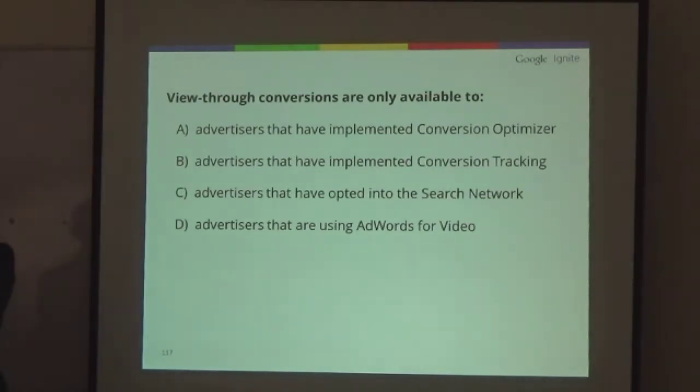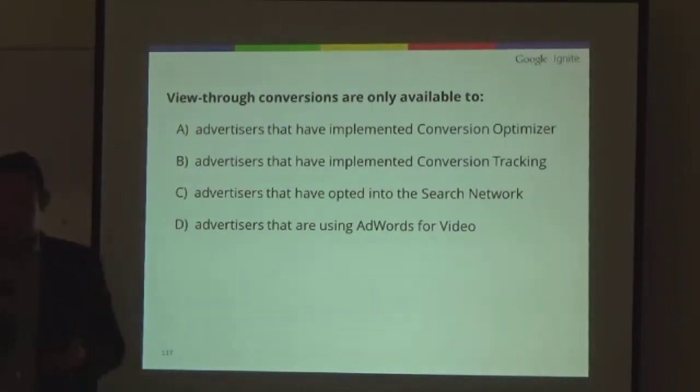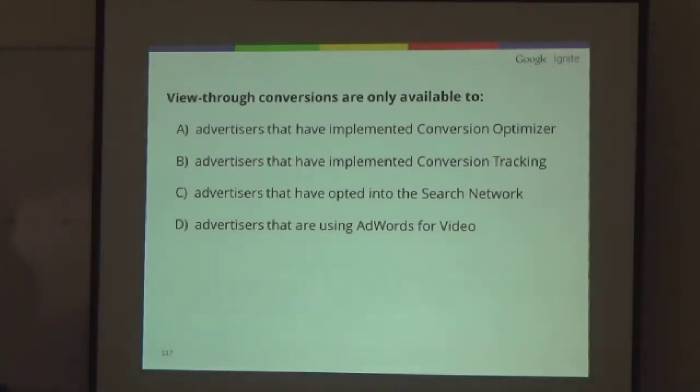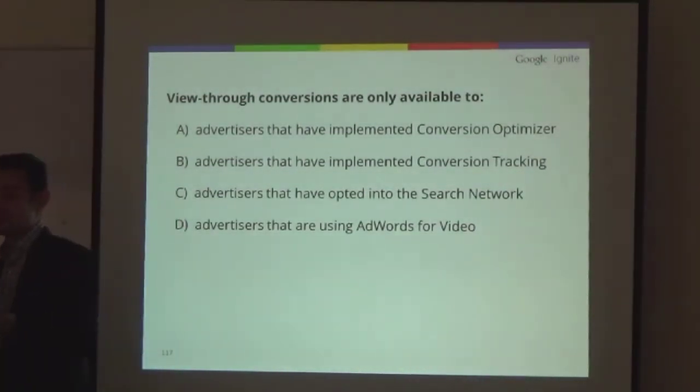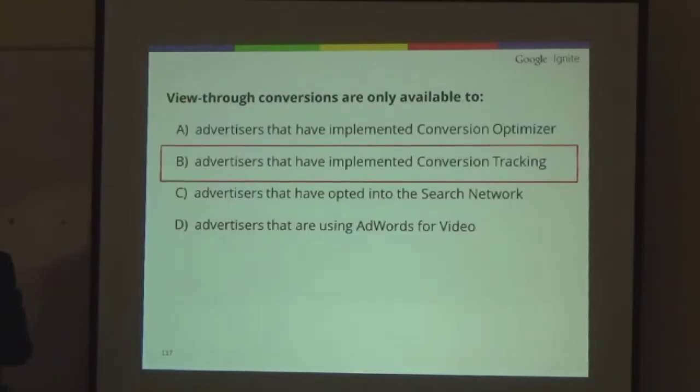That ad, which influenced the user in making a purchase, is recorded as a view-through conversion. But take note, before you can implement view-through conversion, you need to have something installed. What is that thing? Conversion tracking. Conversion optimizer is not something you have to install here. So conversion tracking is the right answer to this question.